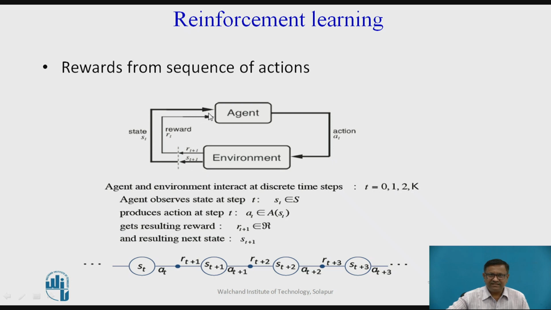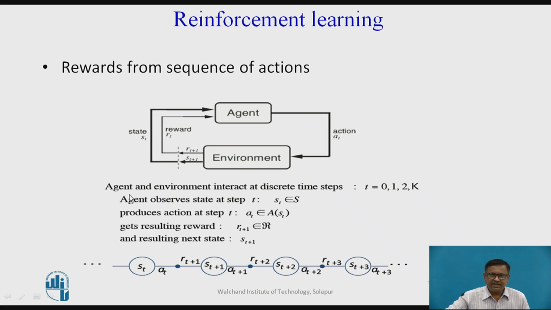That means the agent is moved to the next state. So this is a closed loop, and based on this reward or punishment and the state, the agent does the next action, and based on the next action, again the environment reacts to it, giving reward and next state.